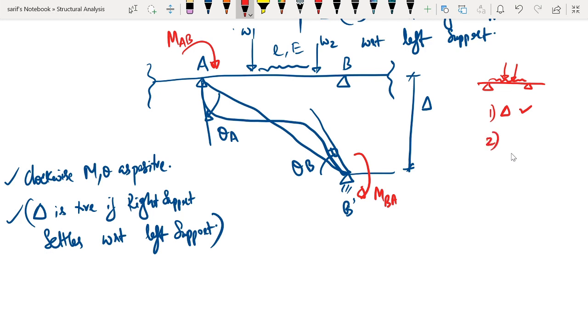Second thing is, there is rotation theta a on the left support. And third thing is, there is rotation theta b on the right support. So if we develop these three things for this particular beam, the moments that will be produced at the ends will be MAB and MBA. So let us see how to simulate this.